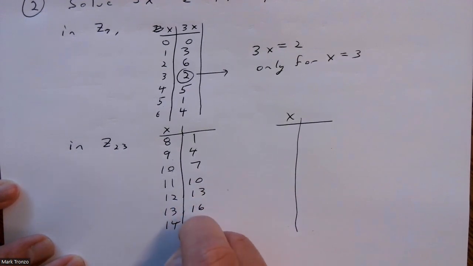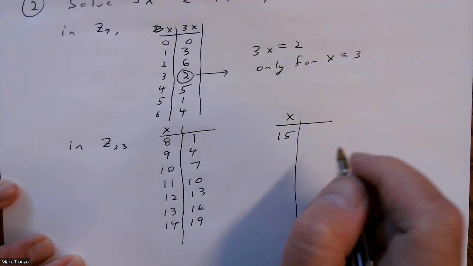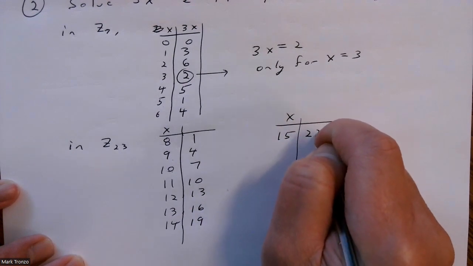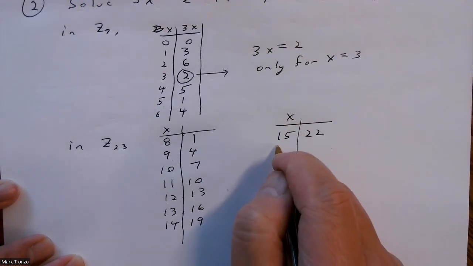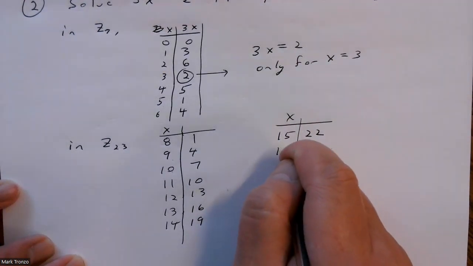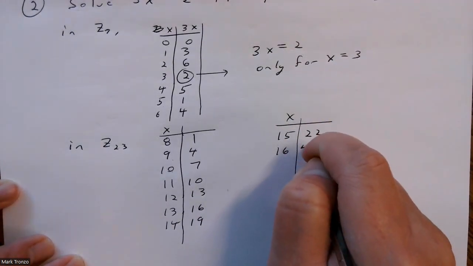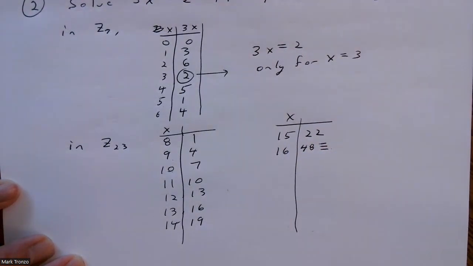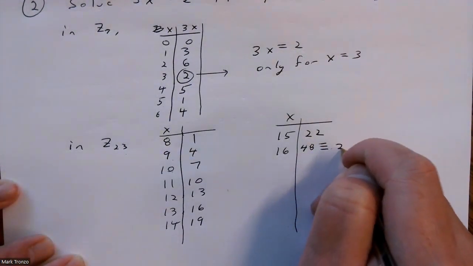13, 16, 19. And then the next one will be 22. And now the next one will be 16. 3 times 16 is going to be 48. And that's going to end up being 2, huh?